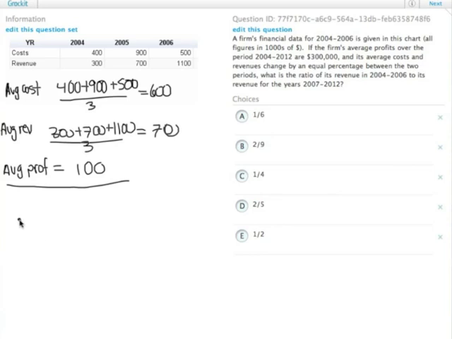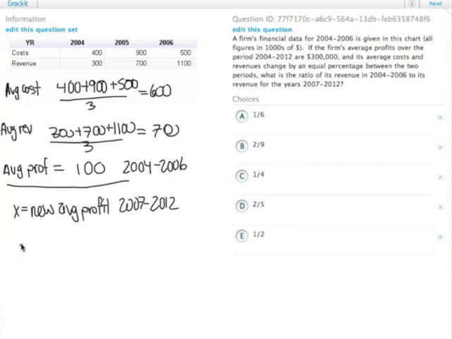So for the first 3 years, we're going to do a weighted average, weighting the respective average profits. So let's let X equal the new average profit, and this is the average profit from 2007 to 2012. We already know the average profit for 2004 to 2006.